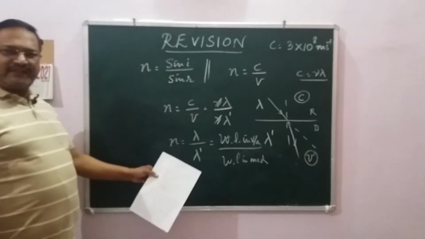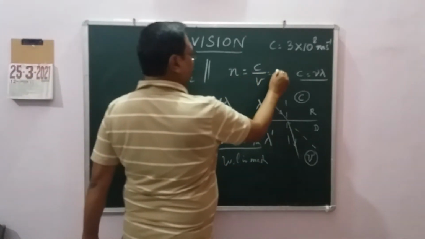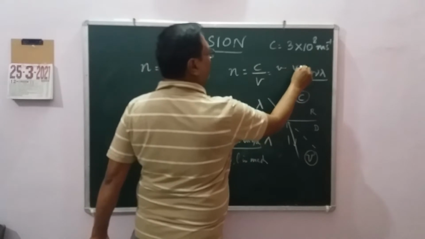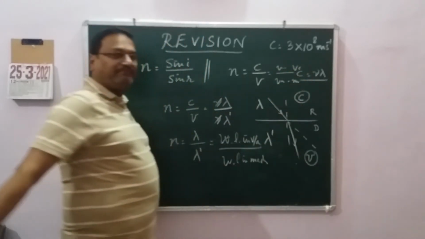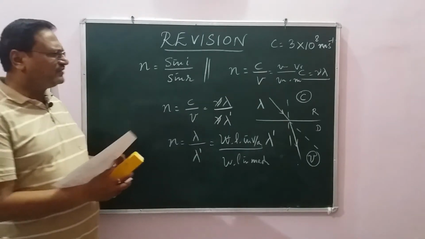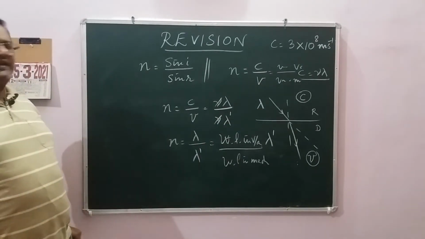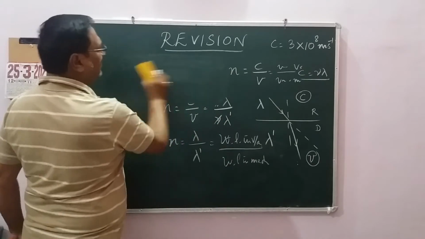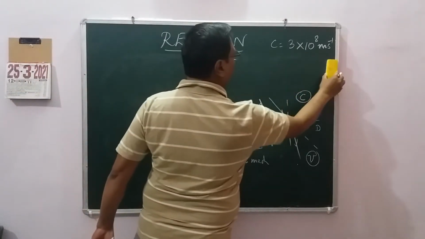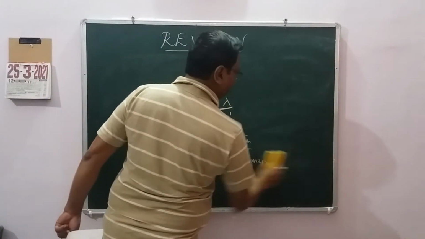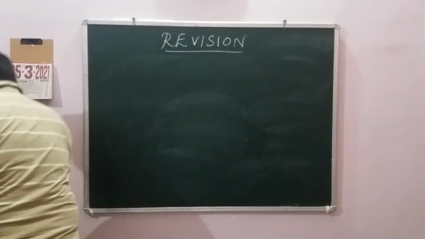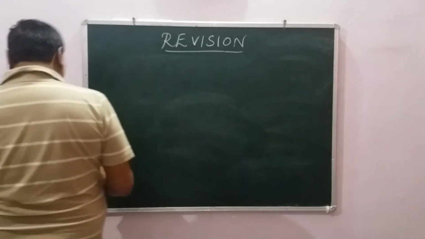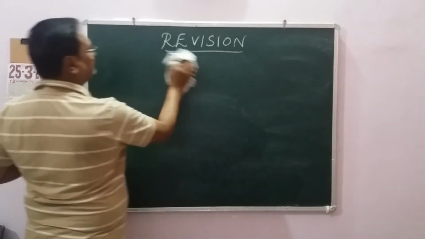And here it is velocity in vacuum divided by velocity or speed in a particular medium. So these are the general, basic things which you will be doing. It can become a numerical, or it can be a thinking question, a conceptual question. I hope you get the point here.